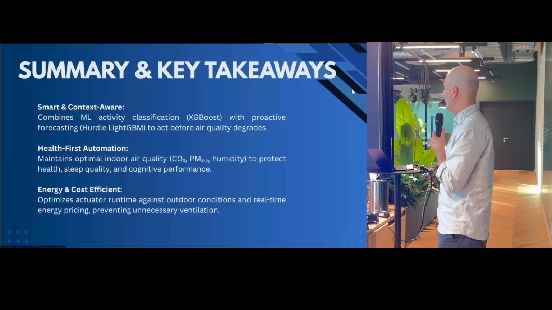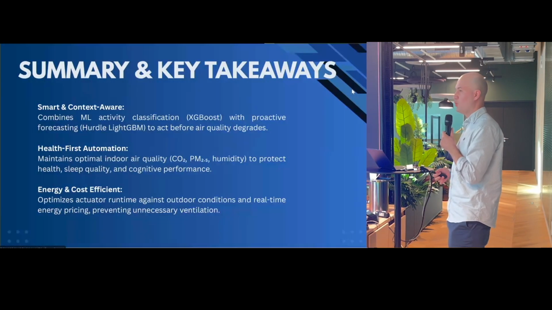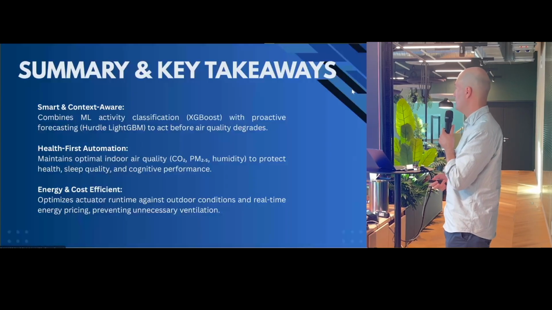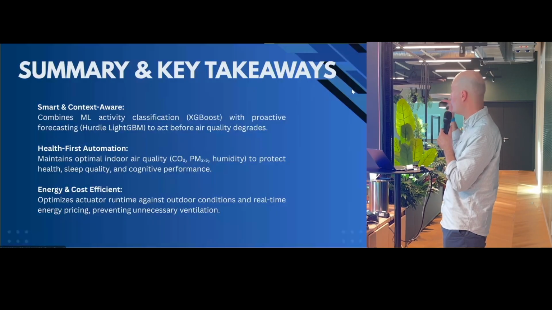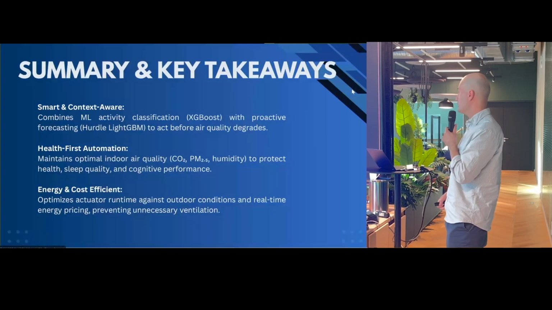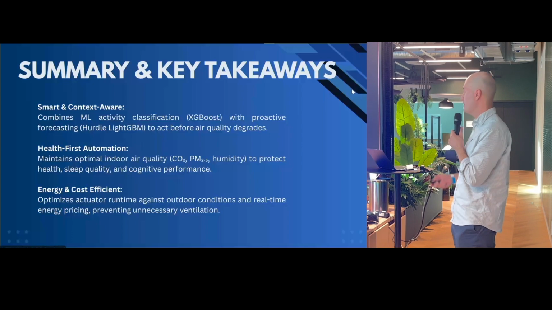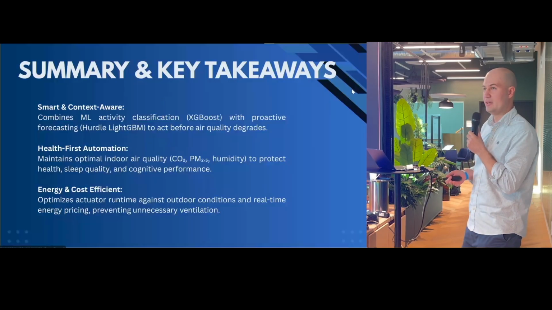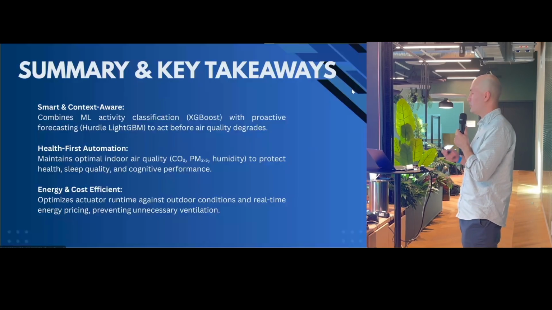In summary, we developed a smart system that combines machine learning for activity classification and also for proactive forecasting, to act before air quality degrades. This maintains optimal indoor air quality and protects health.